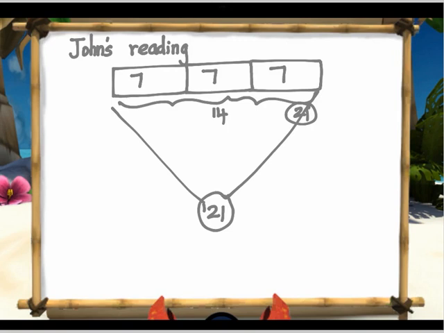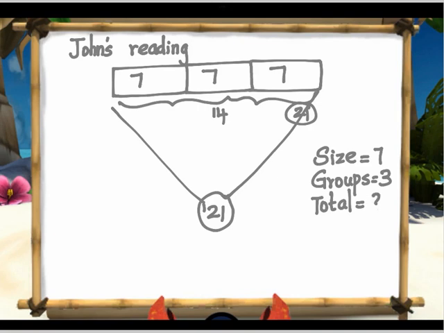Since we know from the question the size of each group is 7, and also we know the number of groups, which is 3. What we have to find is the total. If we have to find the total, then we have to go for a multiplication number sentence, right?